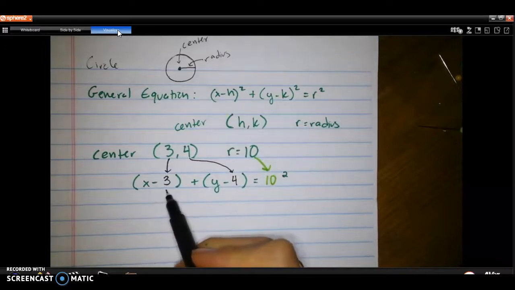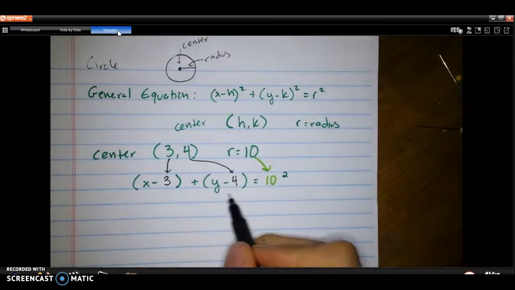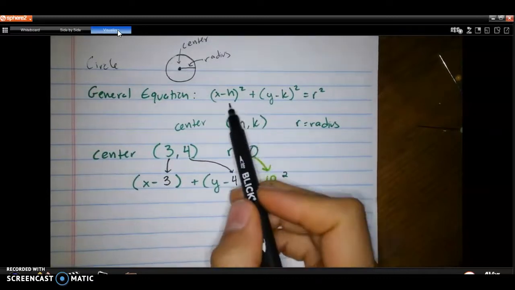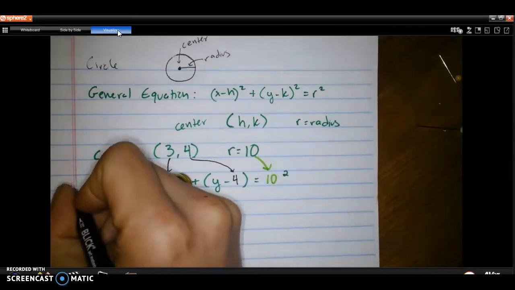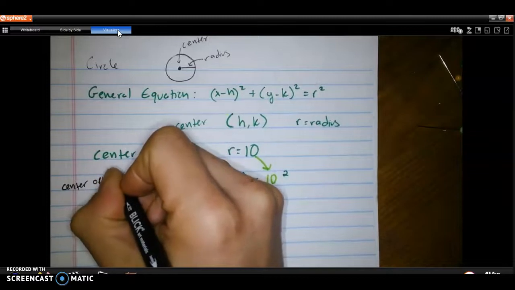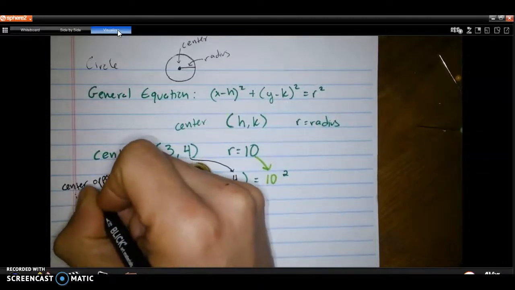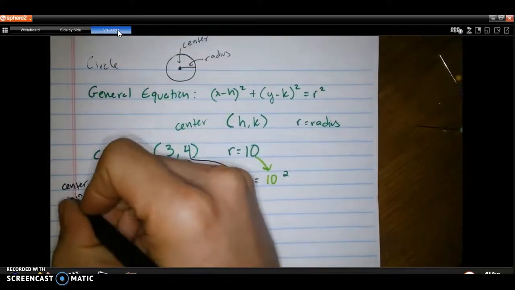It's not positive 3 in here, it's negative 3. It's not positive 4, it's negative 4. That's why in the equation, they're opposites here. In fact, I'm going to write that there. Center is opposite in the equation.